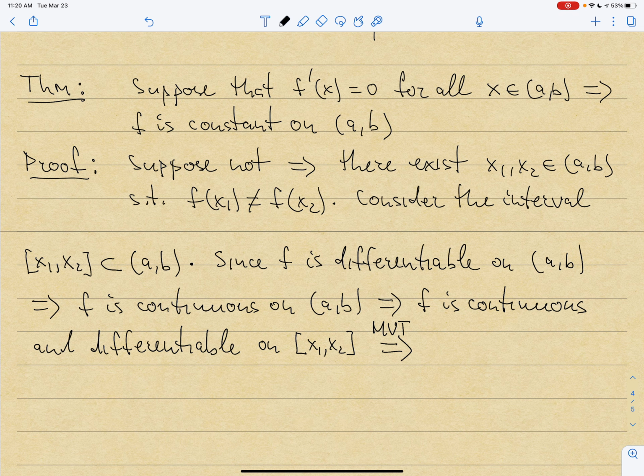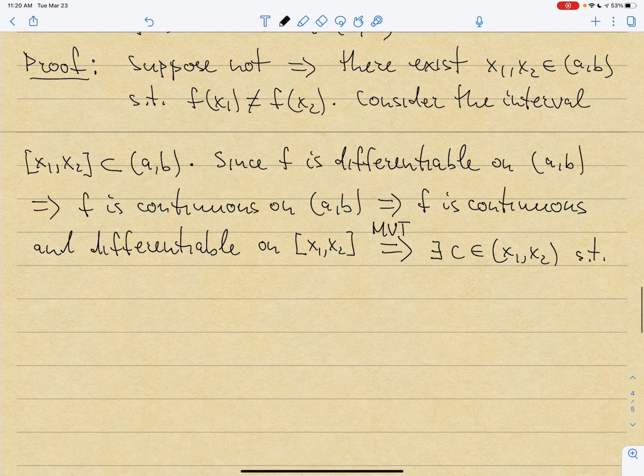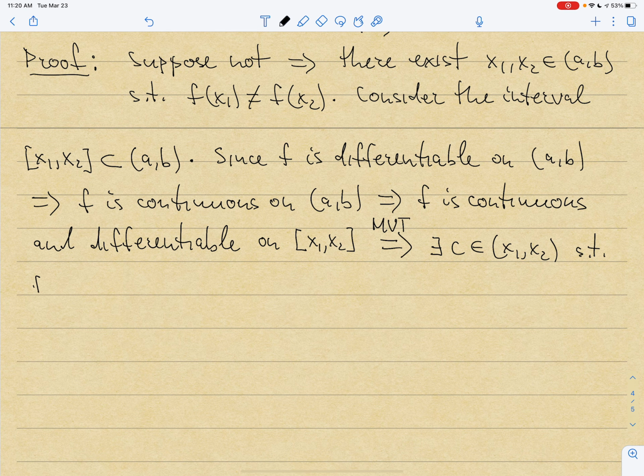And what we have is that there exists a point c inside the interval from x1 to x2 such that f prime of c is equal to f of x2 minus f of x1 over x2 minus x1.